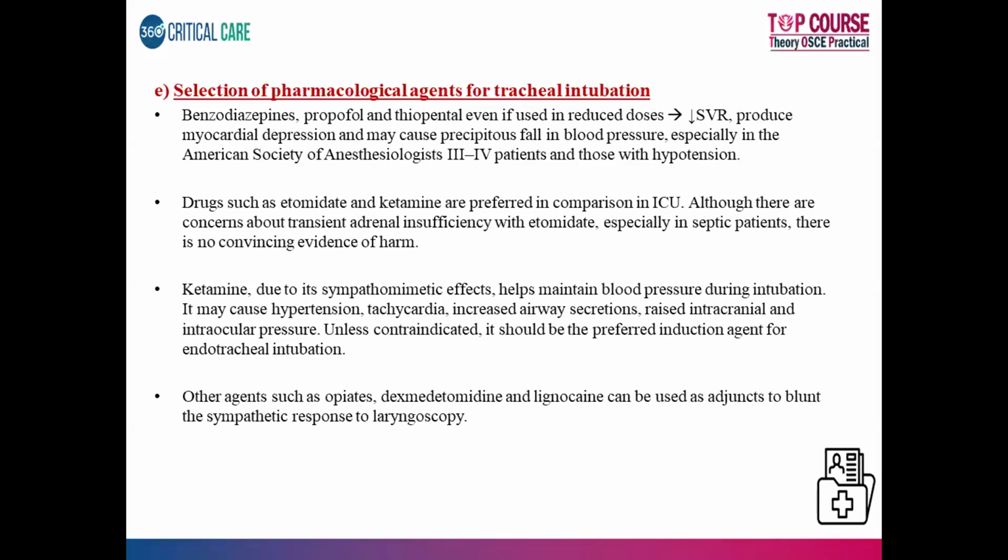So the best agents in the ICU would be either etomidate or ketamine. We all know that etomidate in septic patients may lead to adrenal insufficiency, but the effect is very low and there is not much harm. A lot of studies have been done on this. It just causes a transient adrenal insufficiency and doesn't harm much, so you can use etomidate.